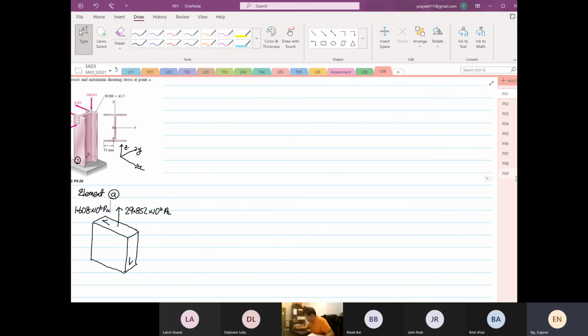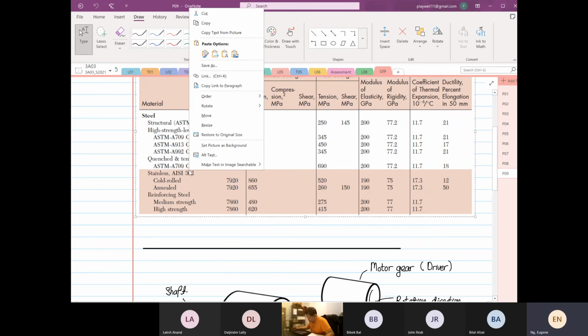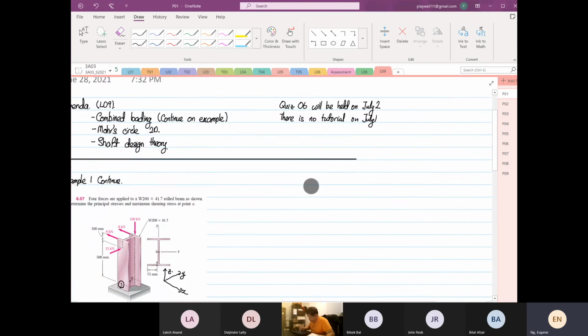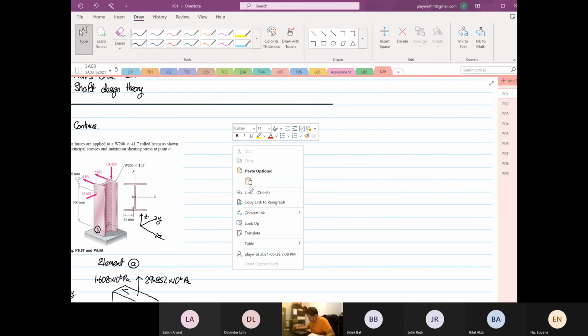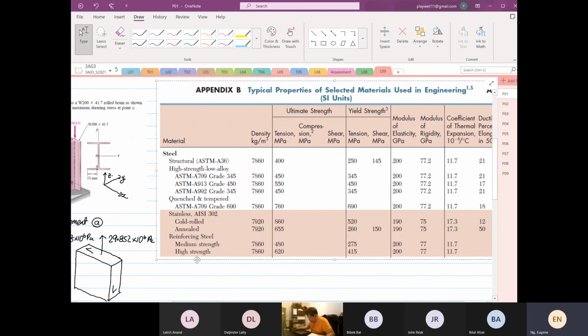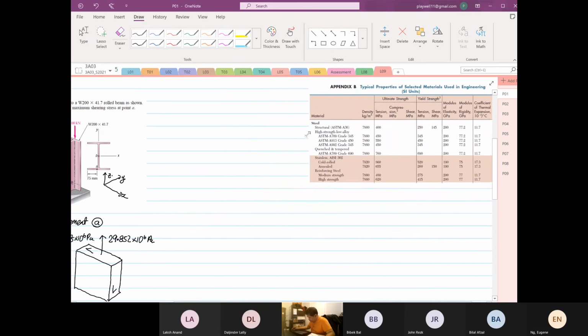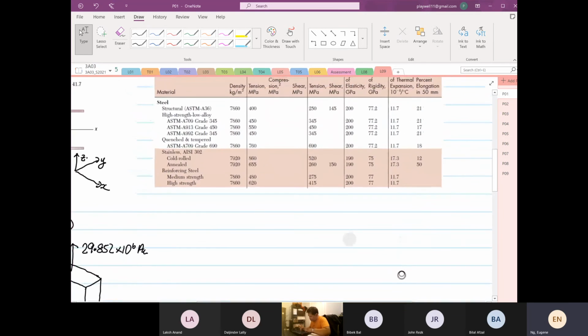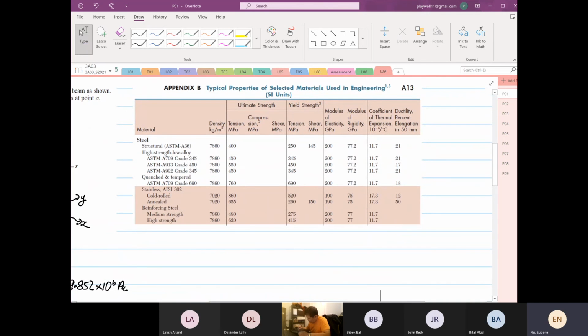If we go to our material table, which I spoke about last week, I'll do some recap. These are the properties of the material. As you look at the properties, we have things like ultimate strength, and then yield strength.